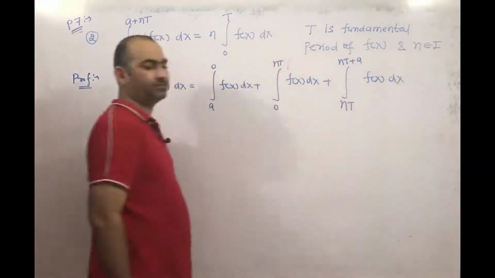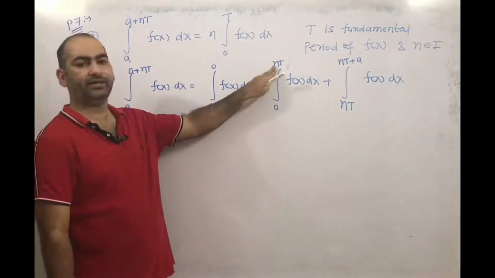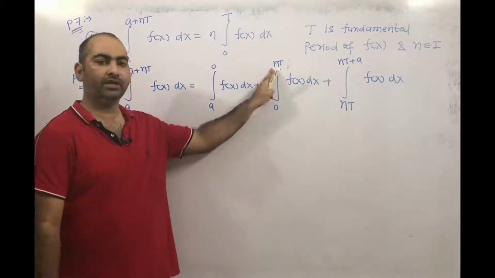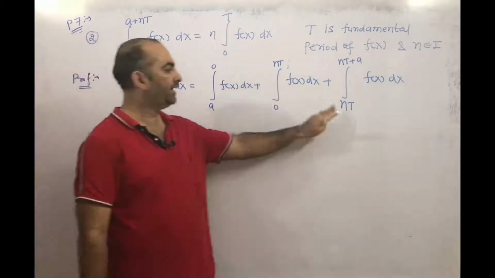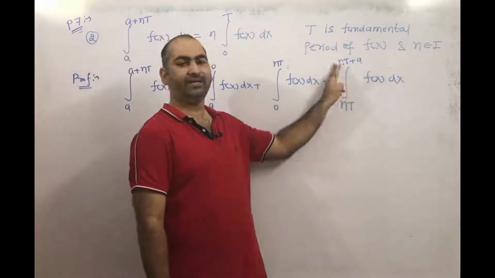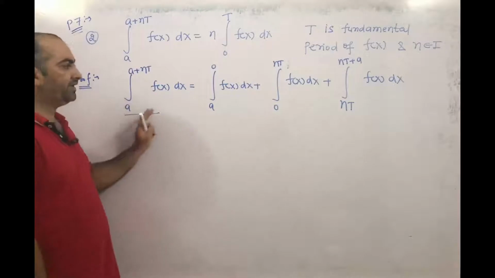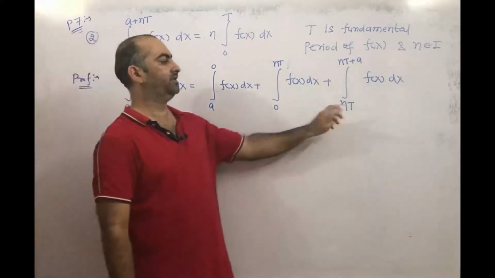Here a to 0 plus 0 to nT gives a to nT, then a to nT plus nT to nT plus a gives a to a plus nT of f(x) dx. So we can separate this into three terms.